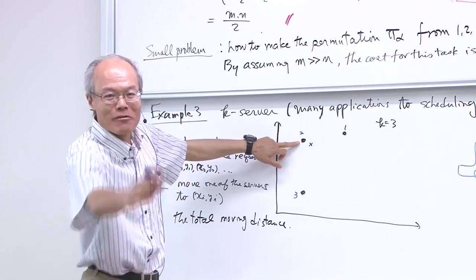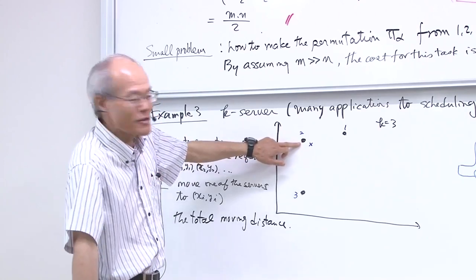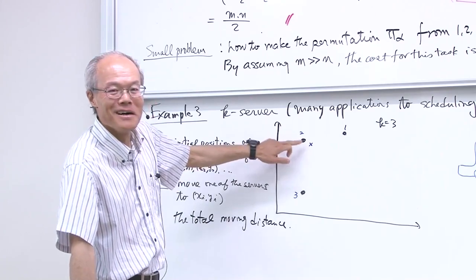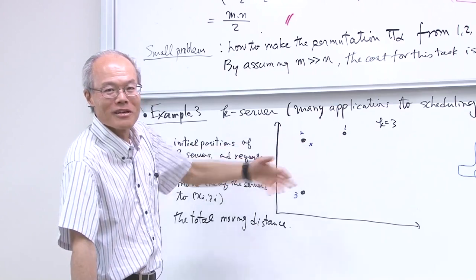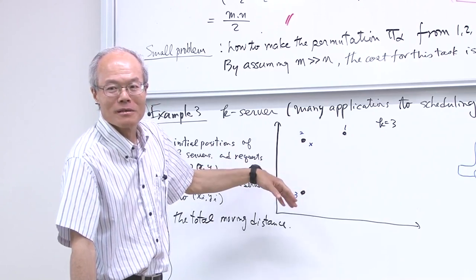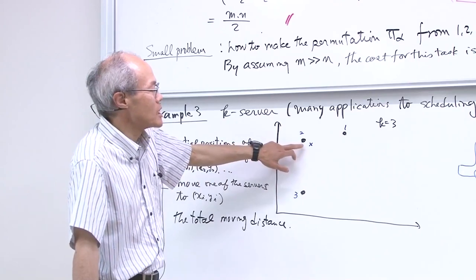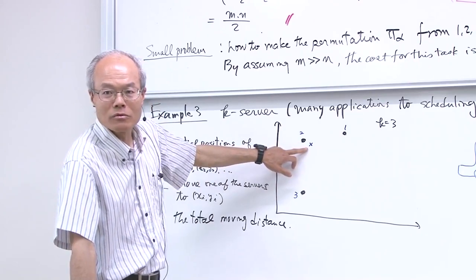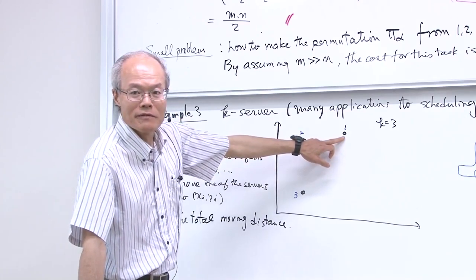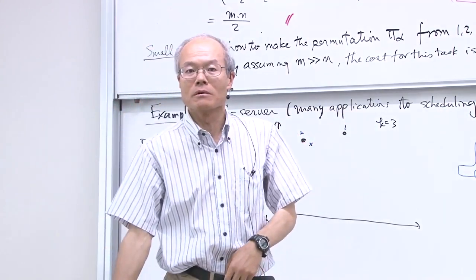Then again, the algorithm has to move this server to here. And what is the next request? Again here. So it has to move the server always. But if you know the requests come at this point and this point repeatedly, then of course, for the first request, we move this guy to here. Then after that, we don't have to move any server at all.